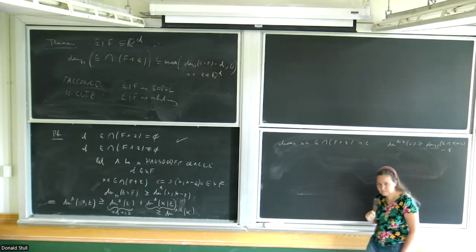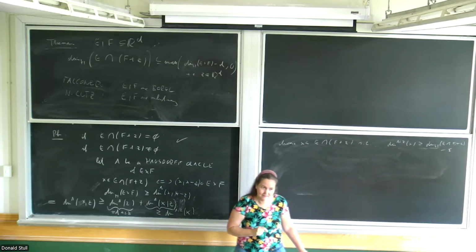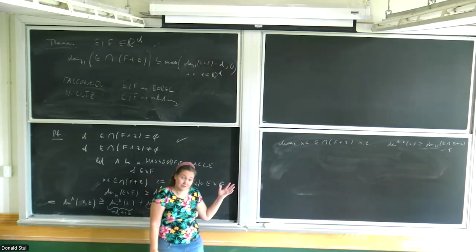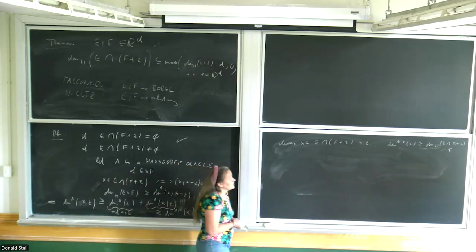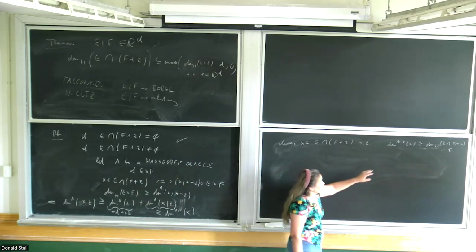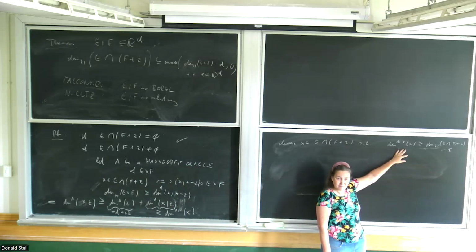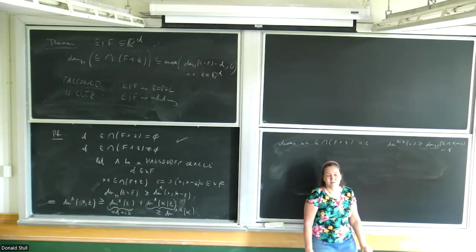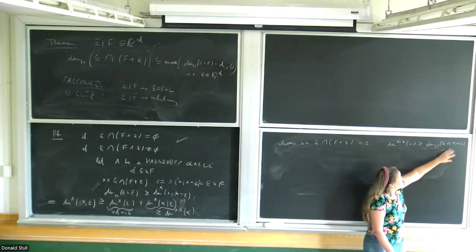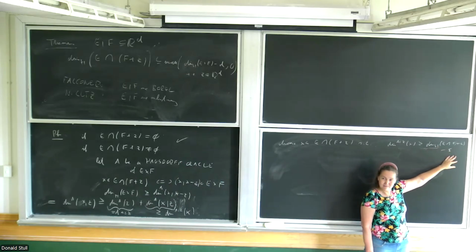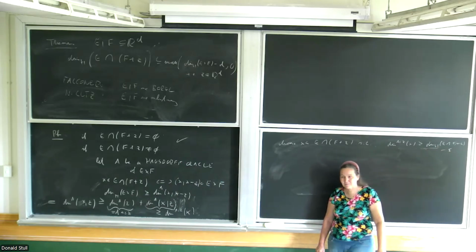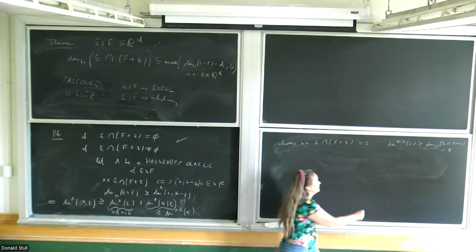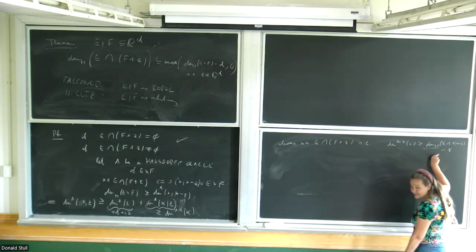minus epsilon. This is using that the Hausdorff oracle lowers everything below the dimension, but we know that nothing can really lower everything to this minus epsilon, because there was an infimum. So the Hausdorff oracle does the best thing possible. If I want to improve this by an epsilon, I can't.